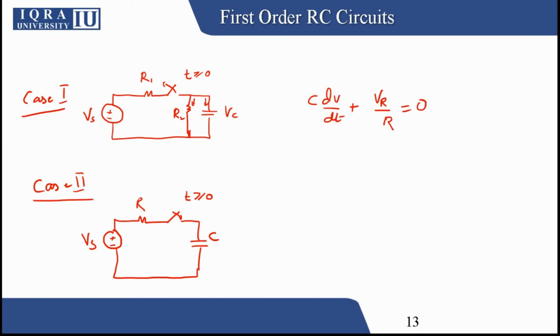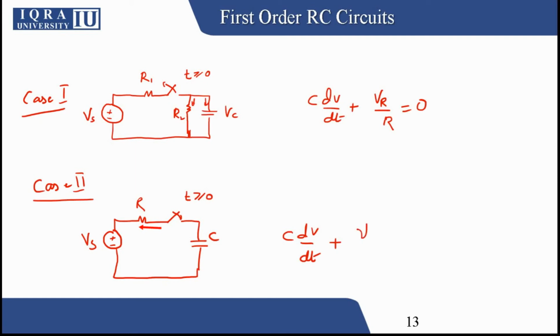plus VR divided by R equal to 0. Similarly, the same equation we can use here, but this time the C dV by dt will be the same, while the resistor voltage will be different.